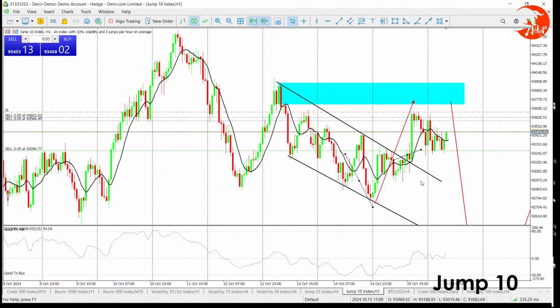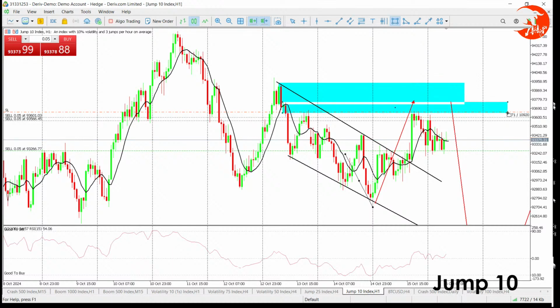So it later refused, went ahead and broke out, and then look at that candle that we saw later on. Took us all the way there. I thought it would bring us here, but it rather went to this order block. That order block here didn't go for that, so it came to that order block.